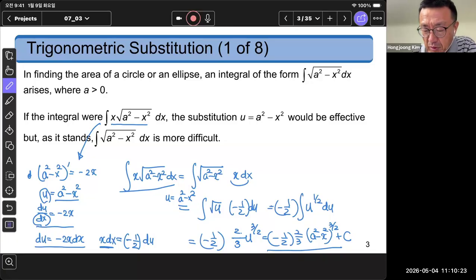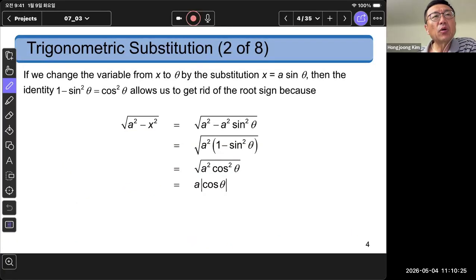Now, if we change the variable x with a sine theta, so if x is replaced by a sine theta, then 1 minus sine theta squared will be cosine theta squared.